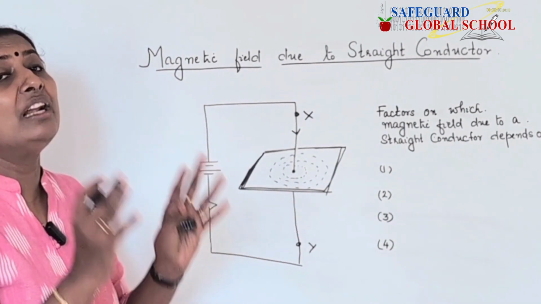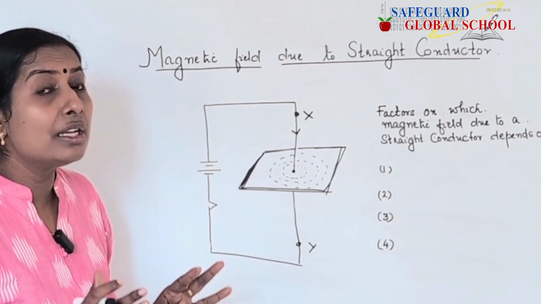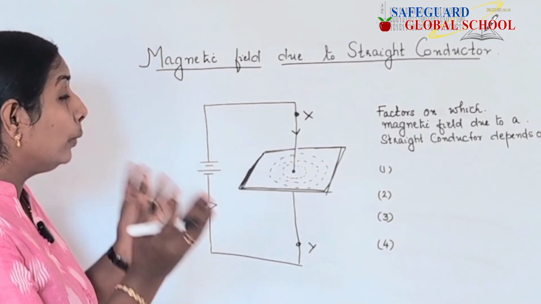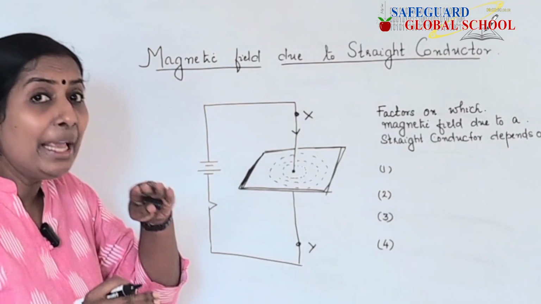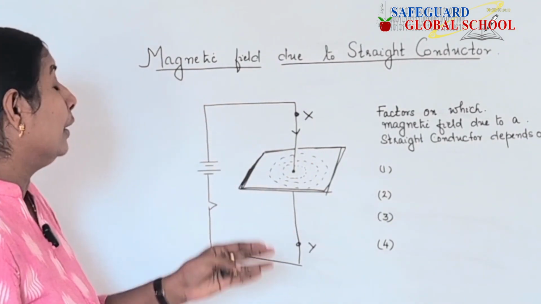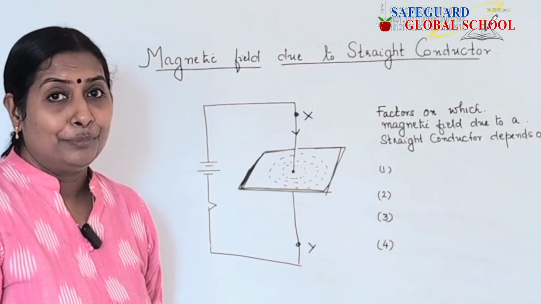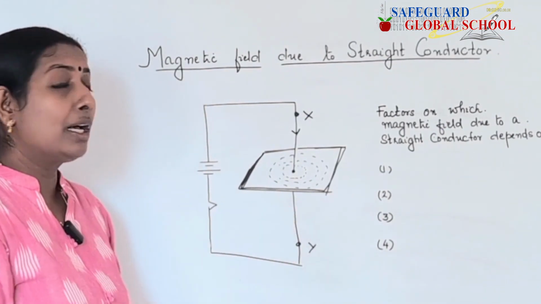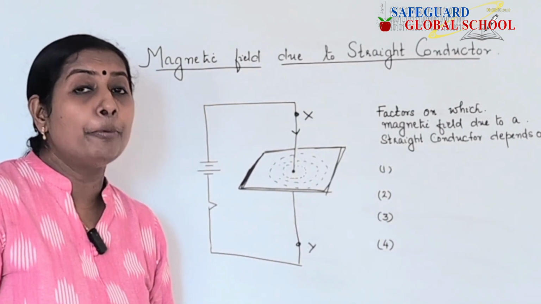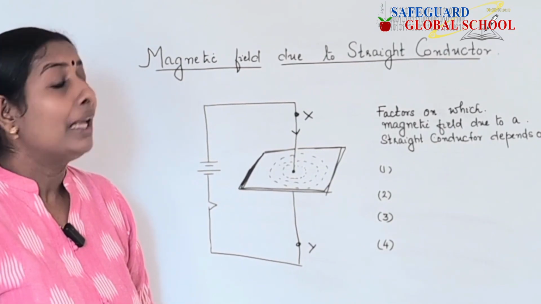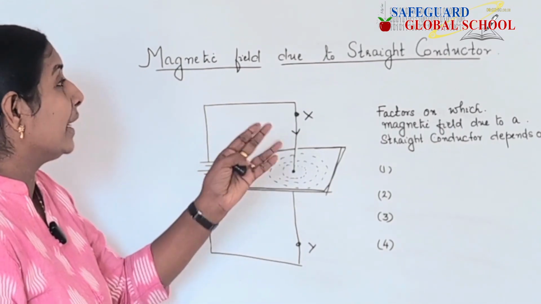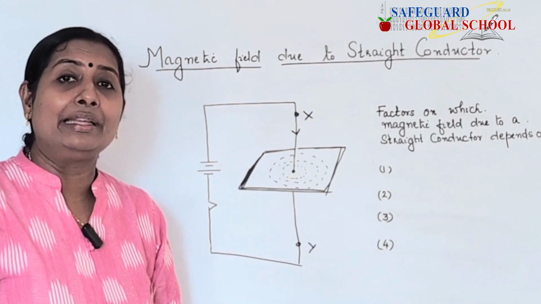The magnetic field lines are concentric circles around a conductor in a plane perpendicular to the current carrying conductor. A question can be asked: what is the type of magnetic field lines associated with a straight conductor carrying current?